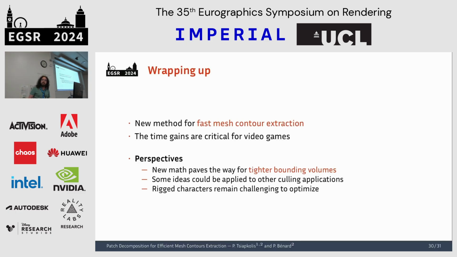And rigged characters still remain a bit challenging, even if they are being computed faster. Although we don't handle any of the mixed parts like the elbow and so on, we don't think there's a big gain to be made here. That's why we didn't search for it. If you remember the formula, it's a sine.